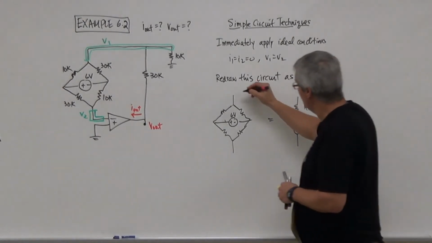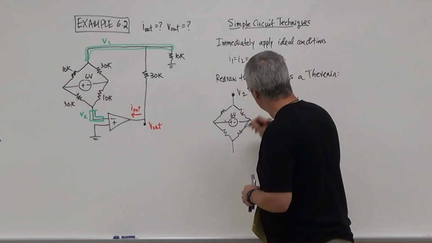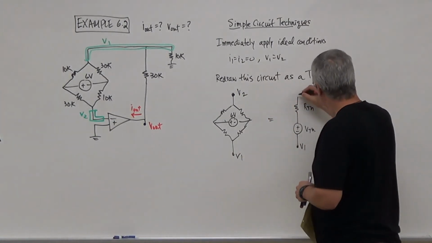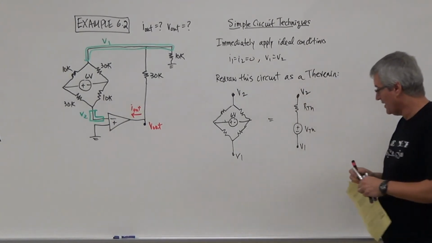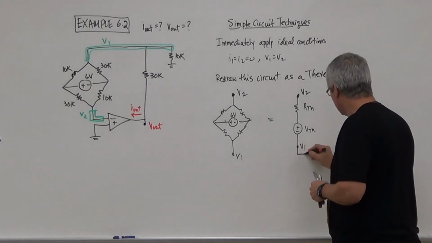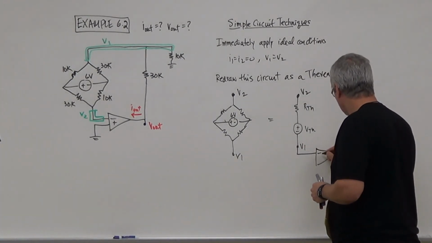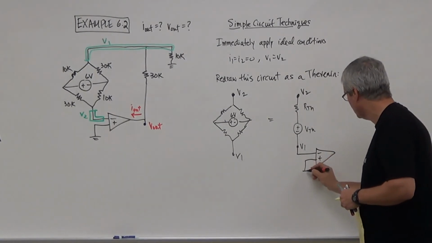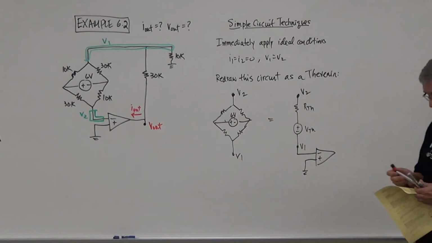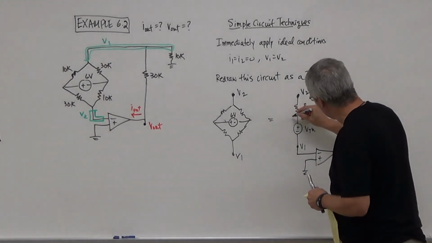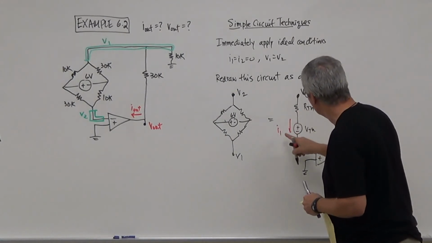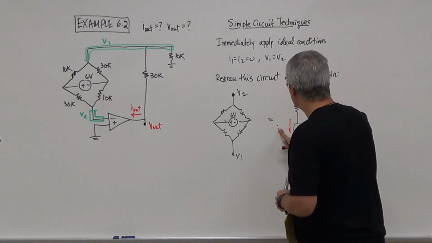So when I look at this node right here, this node is V2, this node is V1. One of the things you could immediately see is that this guy is connected to what? The negative branch of that op-amp. So that implies that the current in this branch here is 0. So if I1, I2, I'm reversing the nodes again.